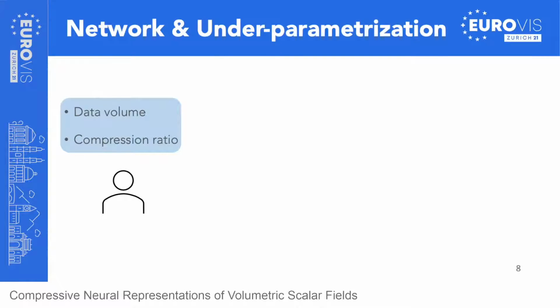The core component of our compressor is setting up our network and performing the parameterization. Given a data volume and a compression ratio, we compute the desired number of weights m for the network.